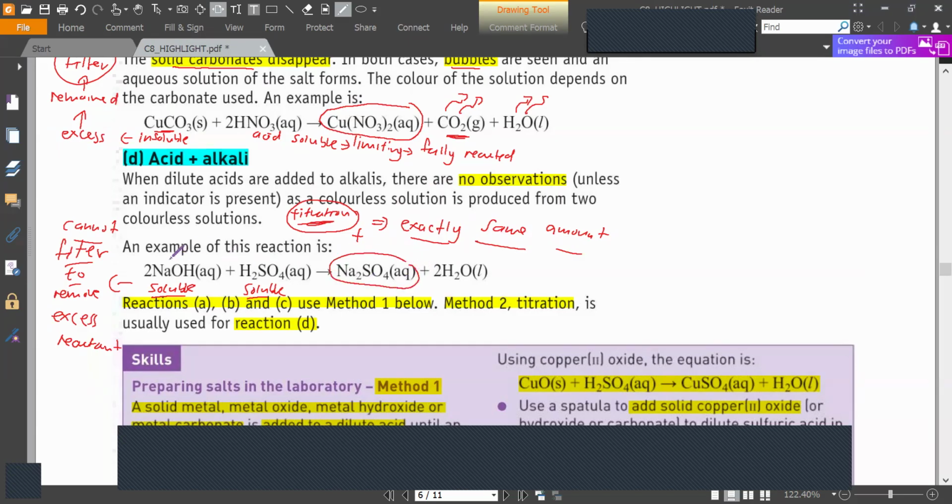We don't want extra sodium hydroxide or extra acid with our product, and we cannot separate it. So it must be exactly the same amount. Titration can give us this because when it reaches the same amount, there will be a color change of the indicator.